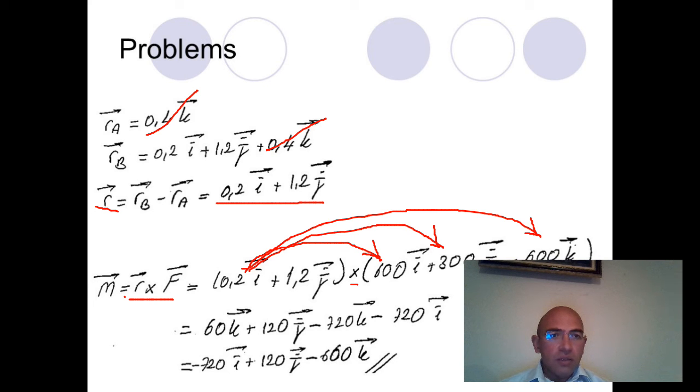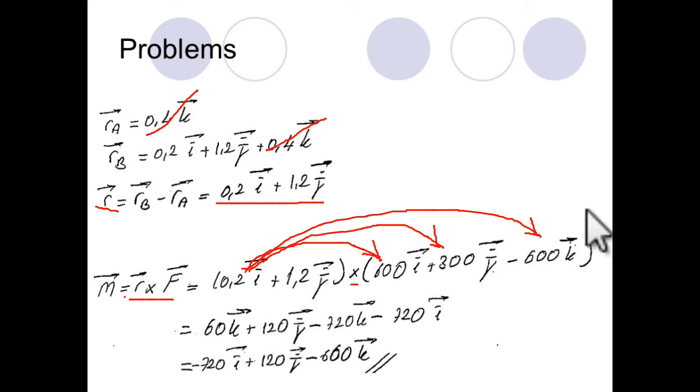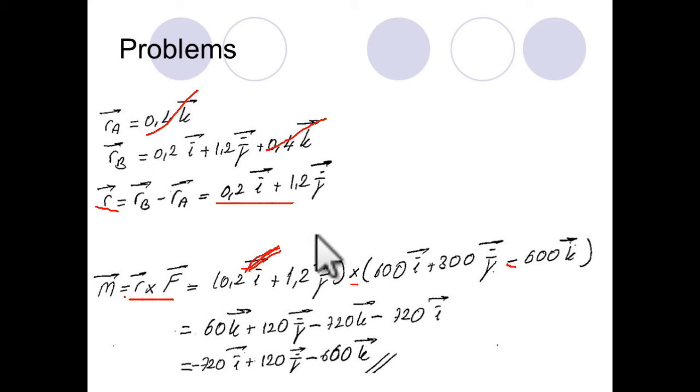But here we have another negative sign, and as a result two negatives make a positive, and in fact we have plus 120 j. Okay, so this is about the first term.